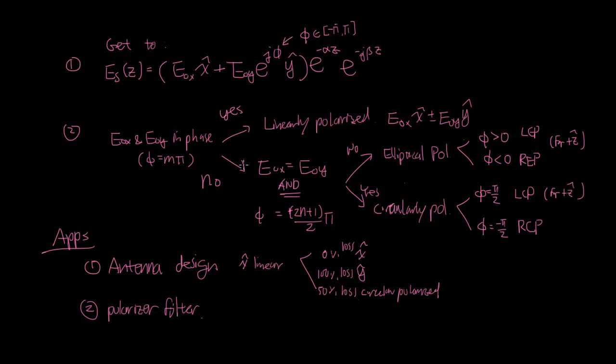And we have a map here to describe how to determine whether it's linearly polarized or circularly polarized or elliptically polarized. And separately, for the case of circular and elliptical, you also look at the lead-lag relationship between the x and y component to figure out whether it's right-hand or left-hand circularly polarized.